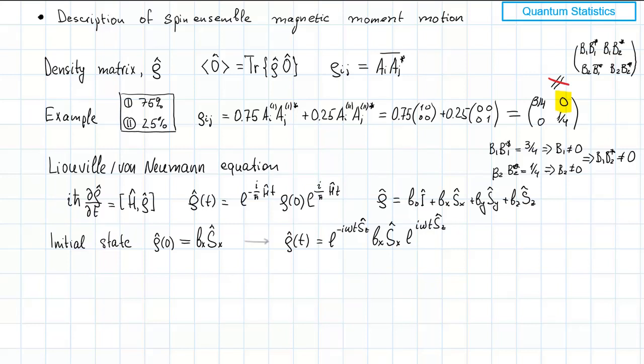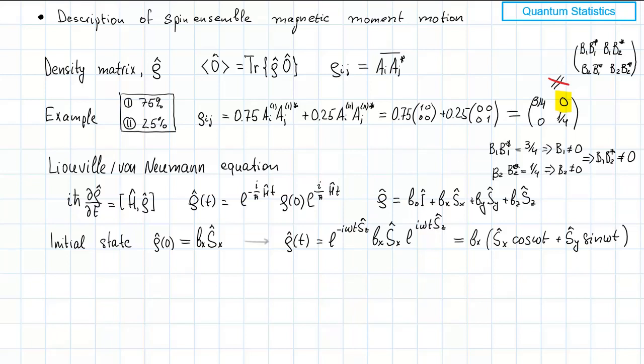Since this transformation is of a purely mathematical nature, and its explanation would require a rather large deviation from the main topic of this video, I will skip it and just write the final result. Here we have the scalar constant Bx multiplied by a sum of the operator Sx multiplied by cosine omega t and operator Sy multiplied by sine omega t.